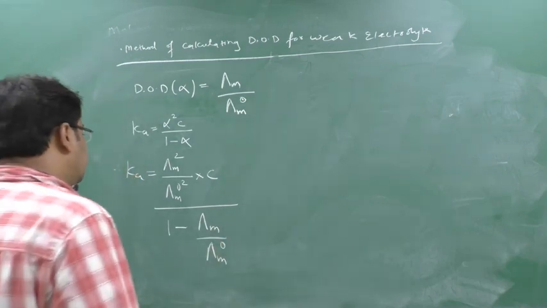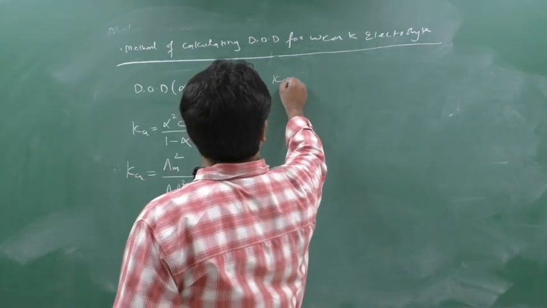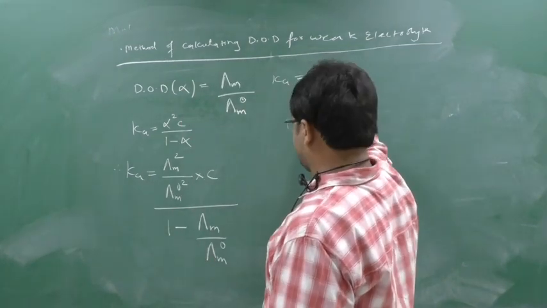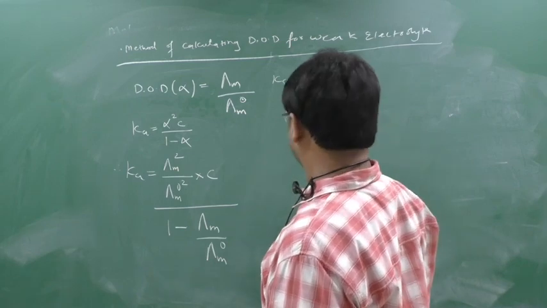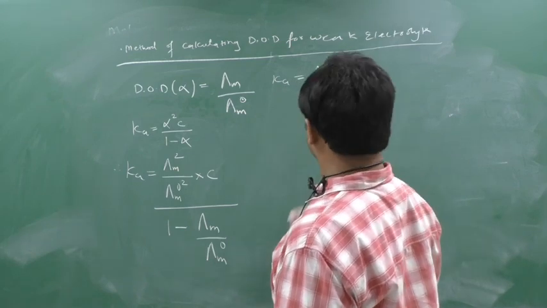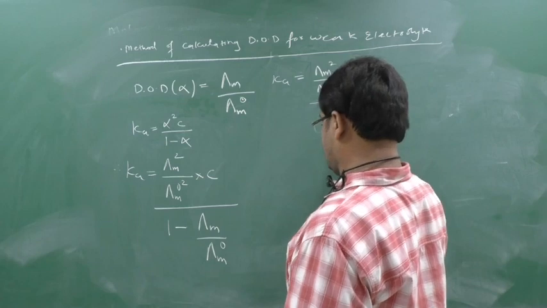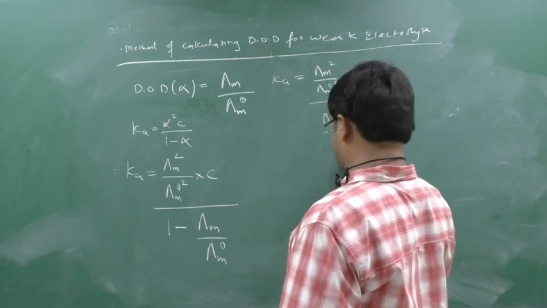Okay. Now what you do? See here, lambda m square by lambda m naught square into C. Here you can write lambda m naught minus lambda m by lambda m naught.